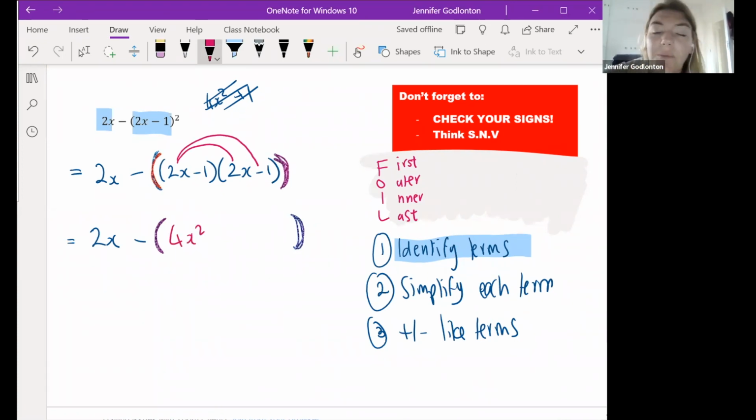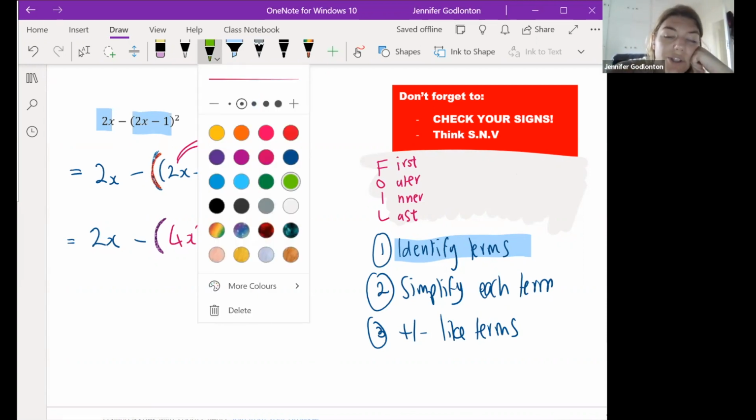Our outer term multiplied by our outer term, negative 2x. Our inner terms and our last terms, negative 1 times negative 1, which is positive 1. So all we've done there is multiply those two together. Now, at this point, you could simplify within that bracket if you wanted to, or you can just now get going with your distribution.